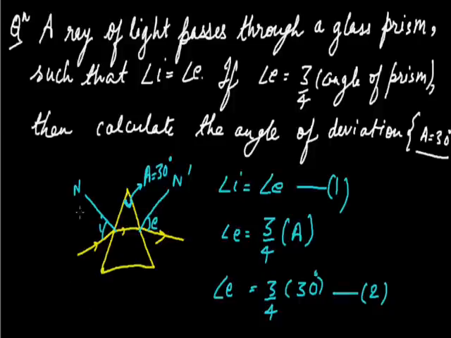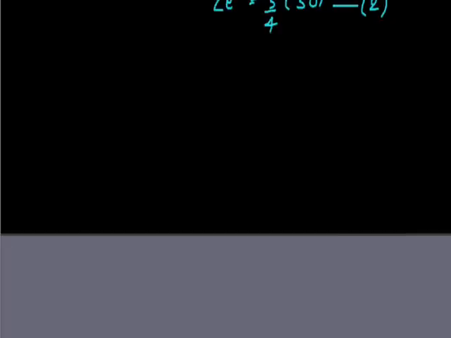Now let's solve this question. As we know that delta plus A is equal to I plus E, where delta is the angle of deviation, A is the angle of prism, I is the angle of incidence, and E is the angle of emergence.